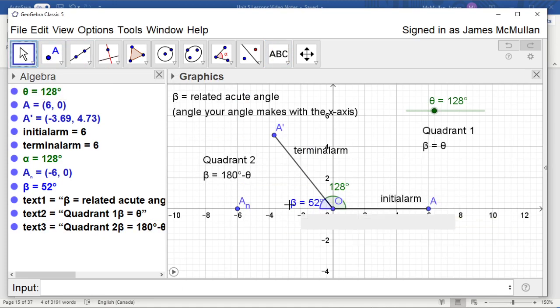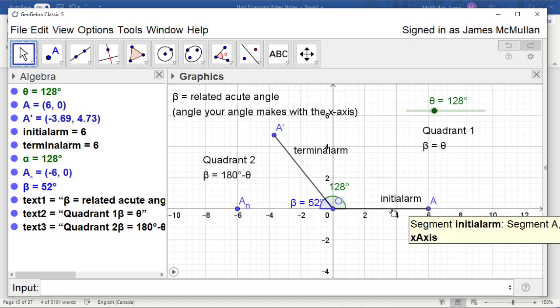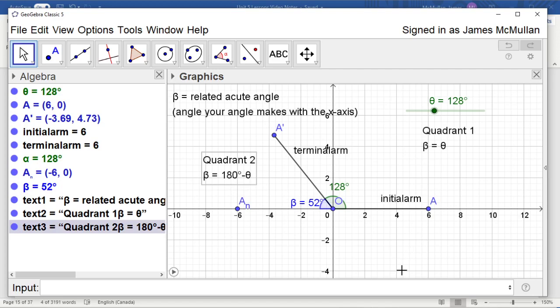And this should make sense because a straight line going all the way across is 180 degrees. If it took me theta degrees to get to here, then it must be 180 minus theta to finish off the rest of it, because my angle plus beta has to give me 180.